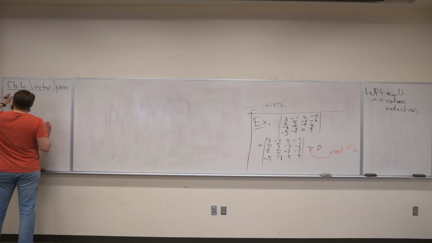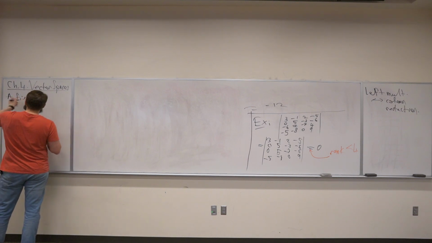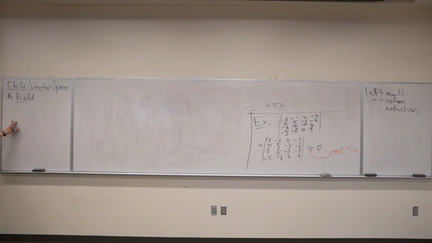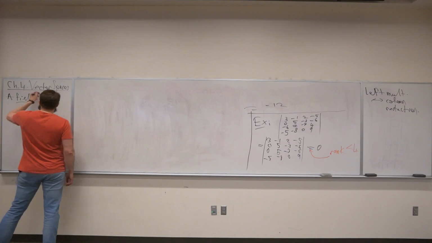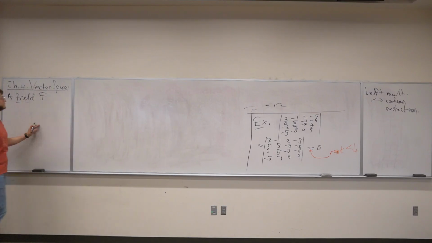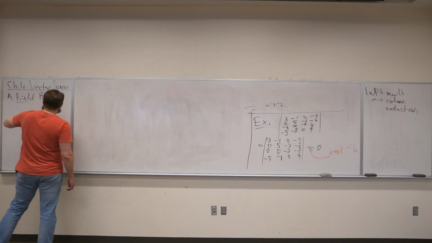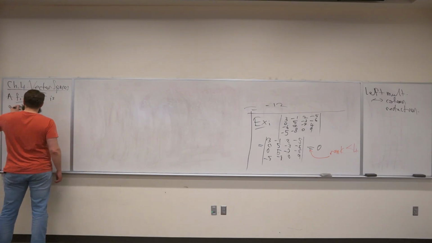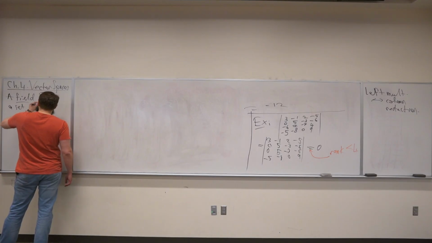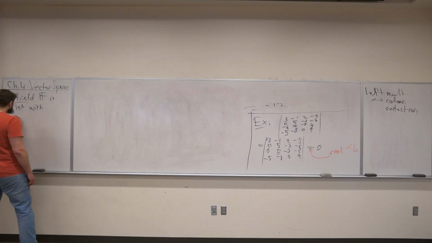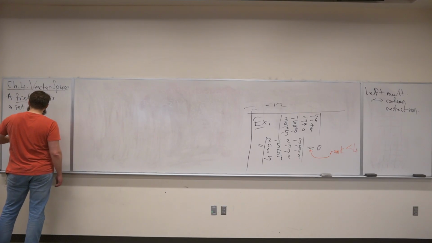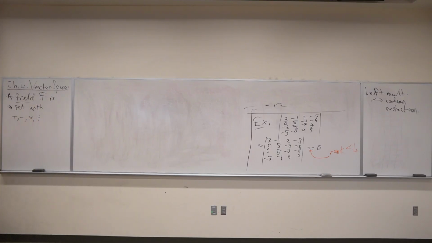So a field, I'm going to denote it like this. It's like R, but instead of writing R, I write F, is a set with addition, subtraction, multiplication, and division. Similar to reals or complexes or rational numbers.